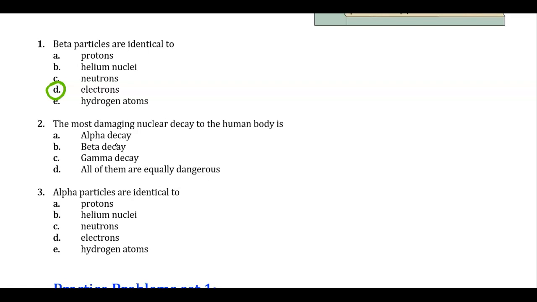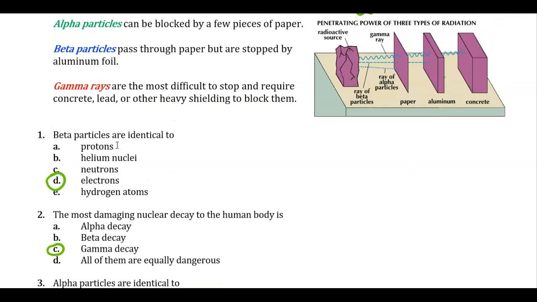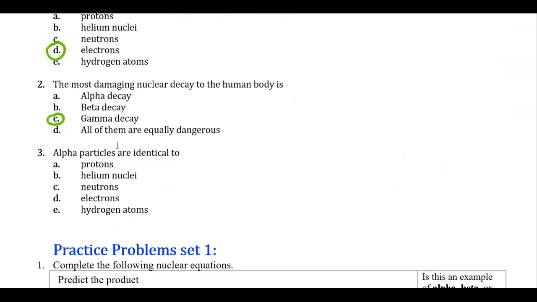The second question, the most damaging nuclear decay to the human body is, and we just discussed it, it's gamma decay because it's pure energy, and to be stopped it needs lead or concrete, something very serious, very heavy. Alpha particles are identical to, and you know the answer, it's helium nuclei. Okay, so we're done with this part.